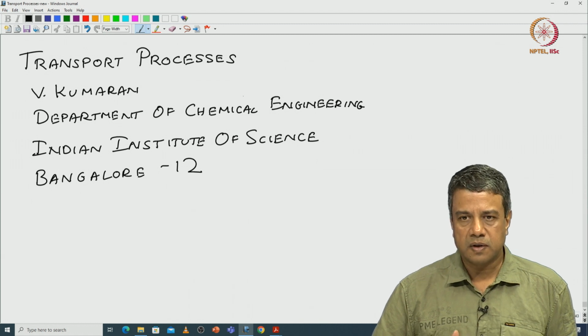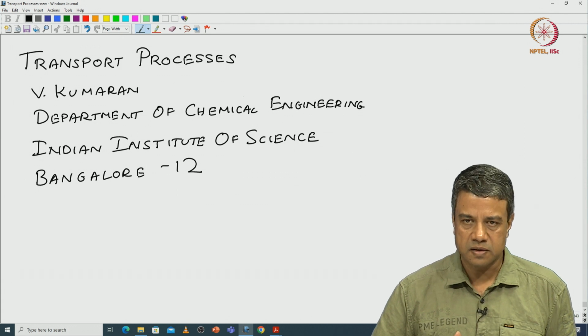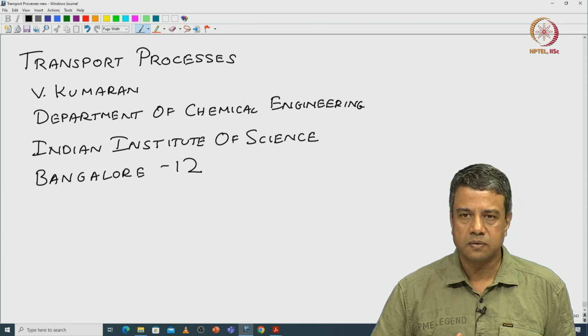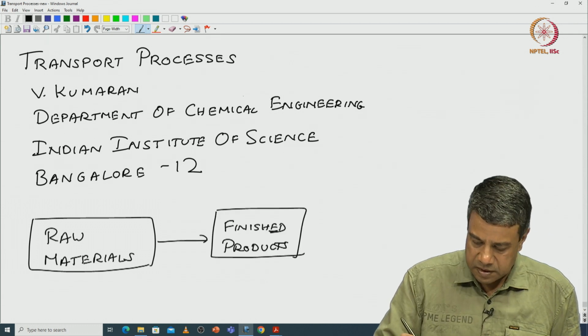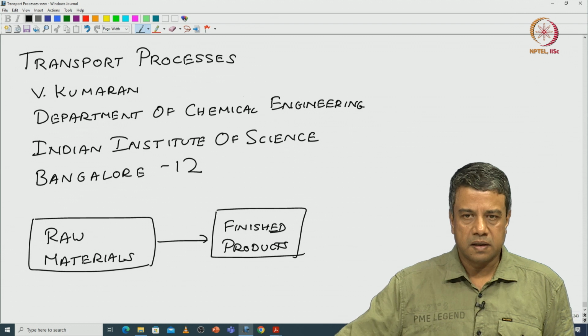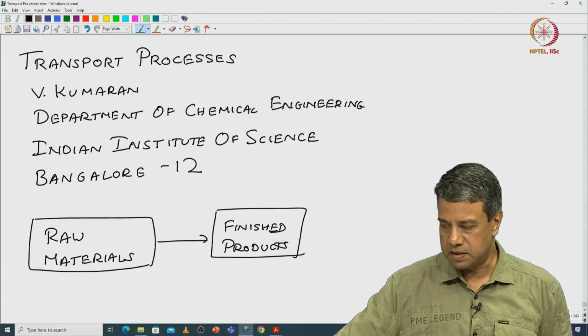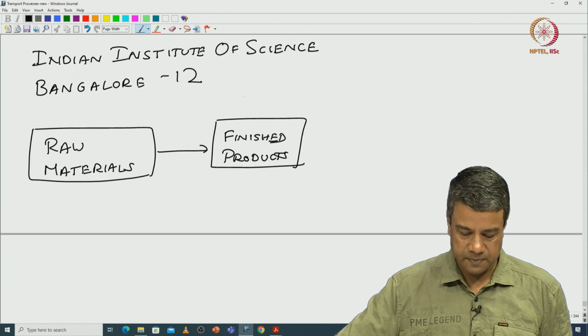A very important part of all engineering processes is the transformation of materials. In most engineering processes, it is desirable to transform raw materials into finished products. This is an objective in many branches of engineering related to materials engineering, chemical engineering, biochemical engineering, and so on.